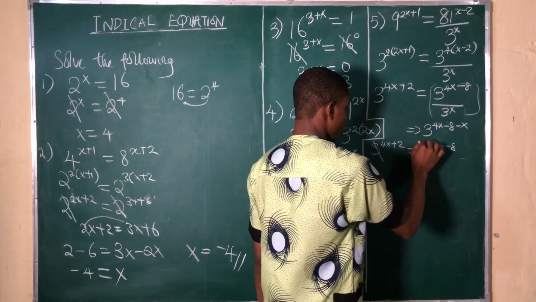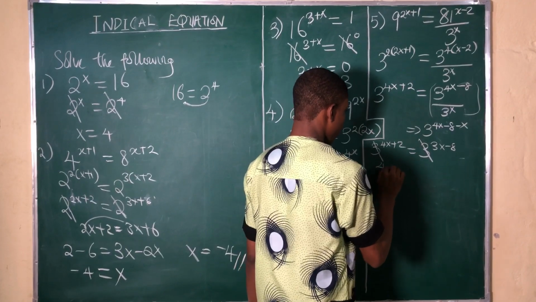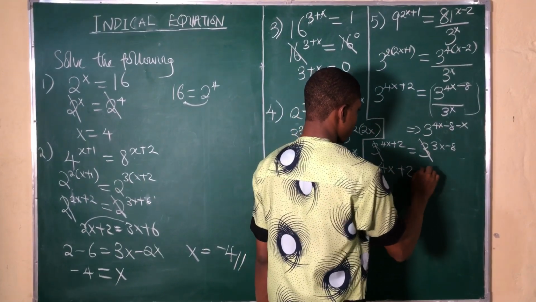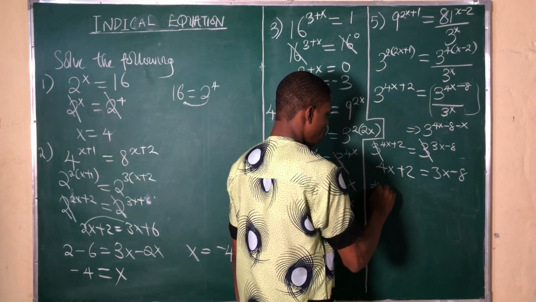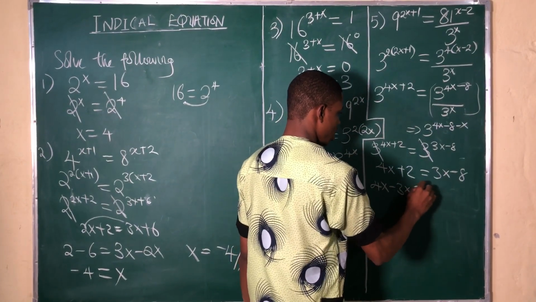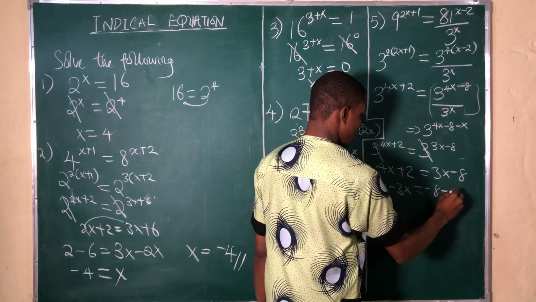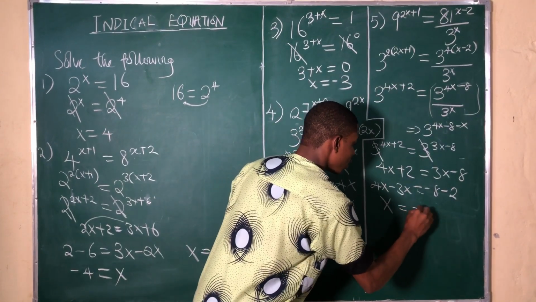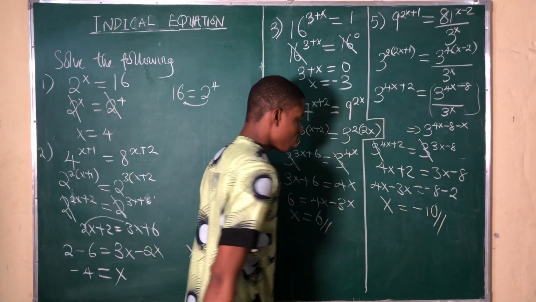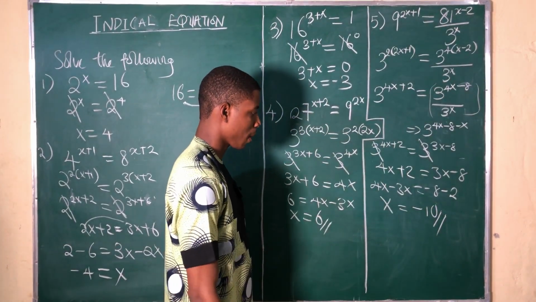So you can see that this will cancel this, and you have 4x plus 2 is equal to 3x negative 8. This will come to this side. You have 4x negative 3x is equal to negative 8 negative 2. So you now have x is equal to negative 10. So this is the concept of indices.